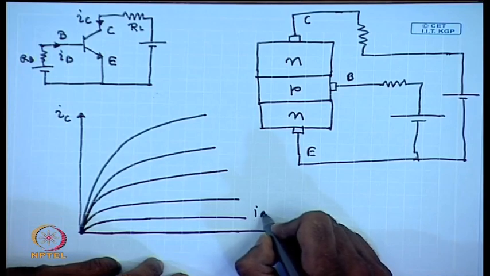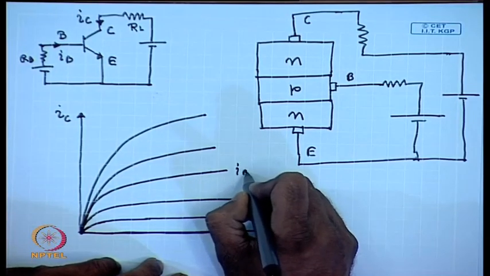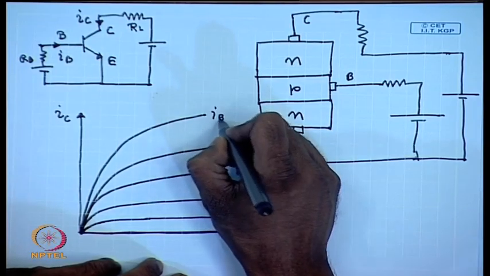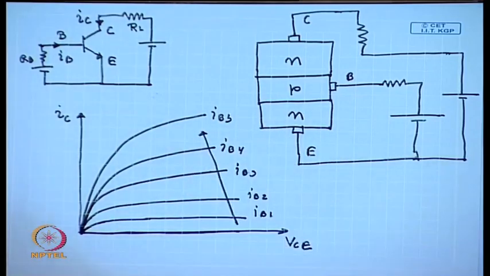So, this is IB1, this is IB2, this is IB3, this is IB4, this is IB5, and it is increasing in this direction.